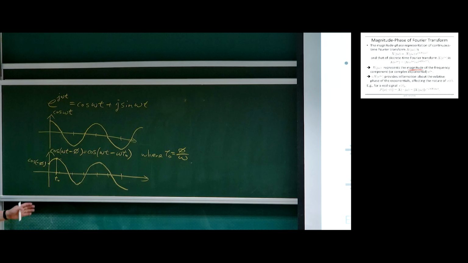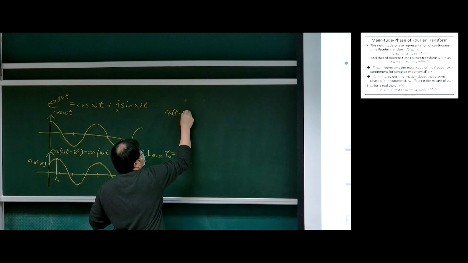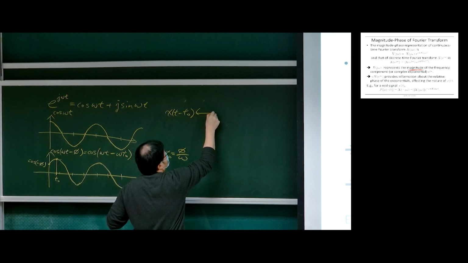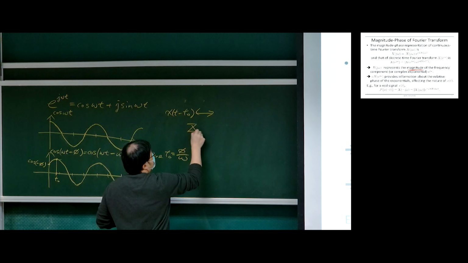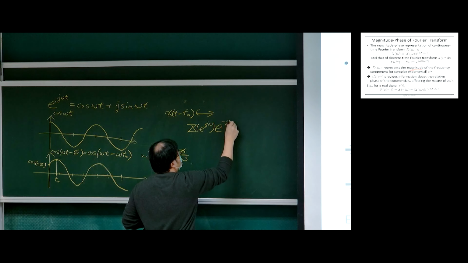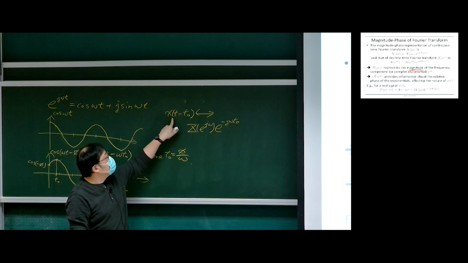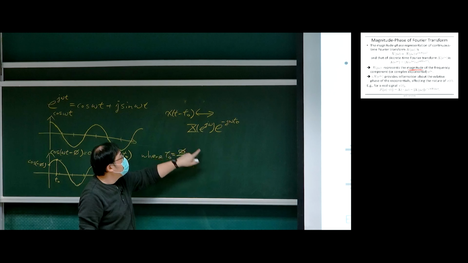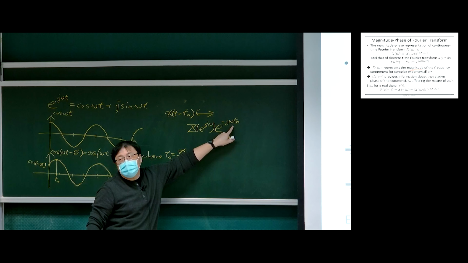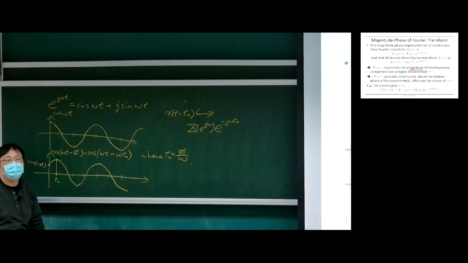This is why a shift in time, if you recall, has a Fourier transform equal to the original spectrum times e to the minus j omega t naught. So a time shift causes an additional phase shift of omega t naught.